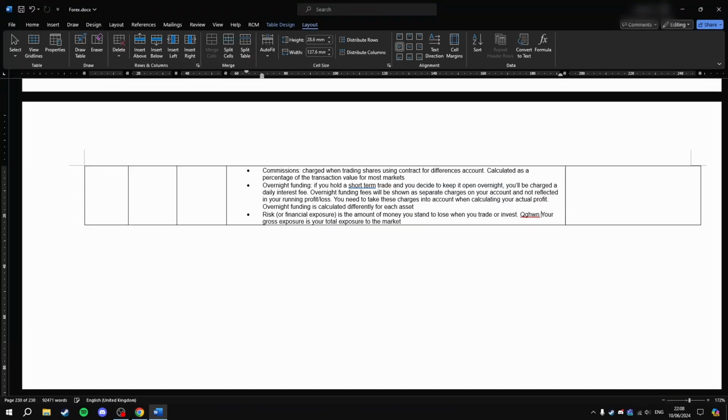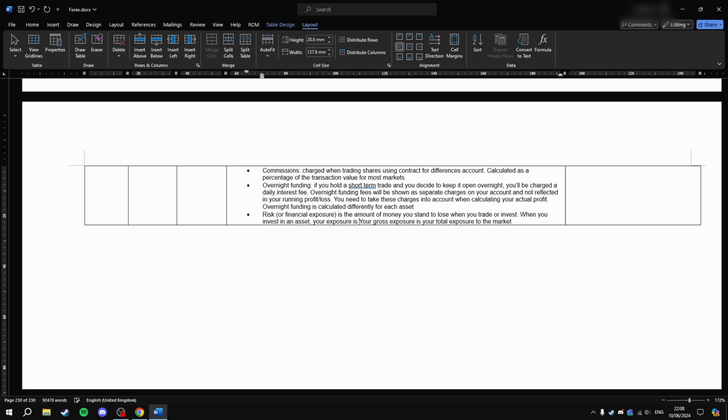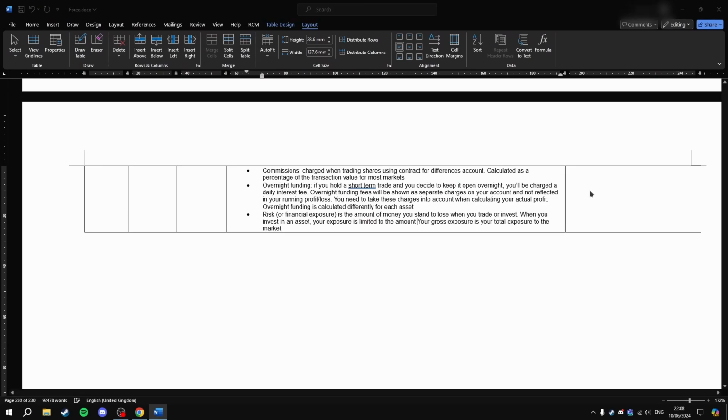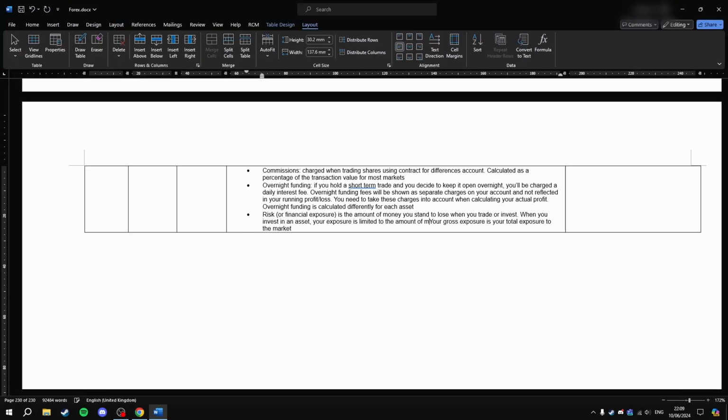So when you invest in an asset, your exposure is limited to the amount of money you paid for it.